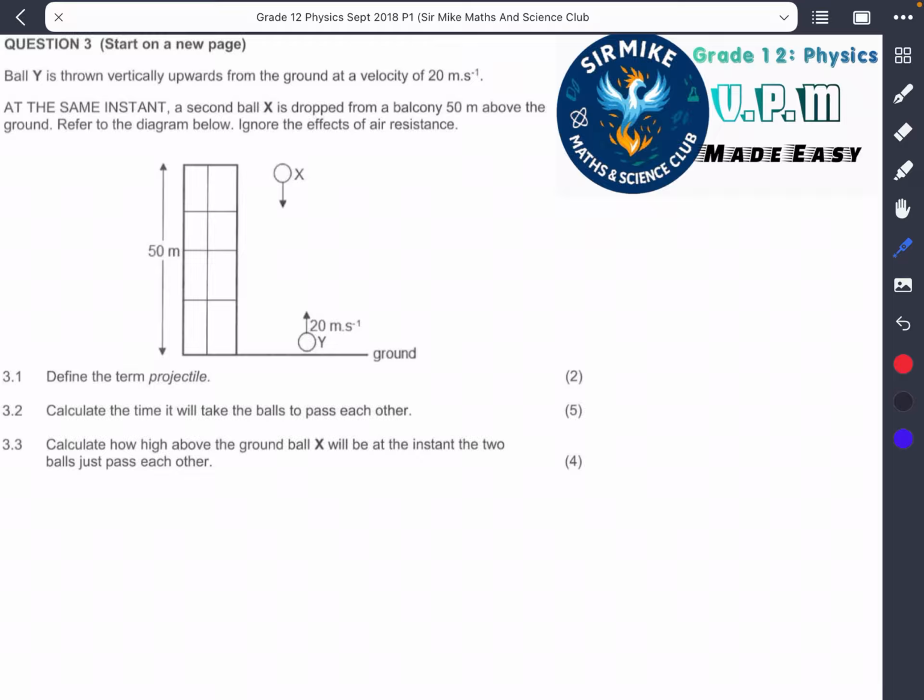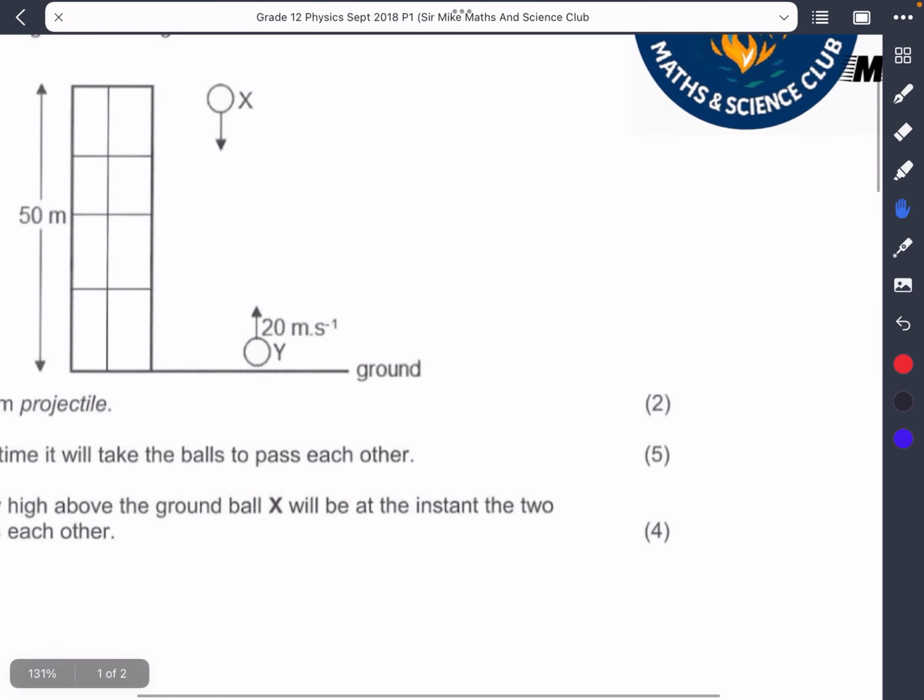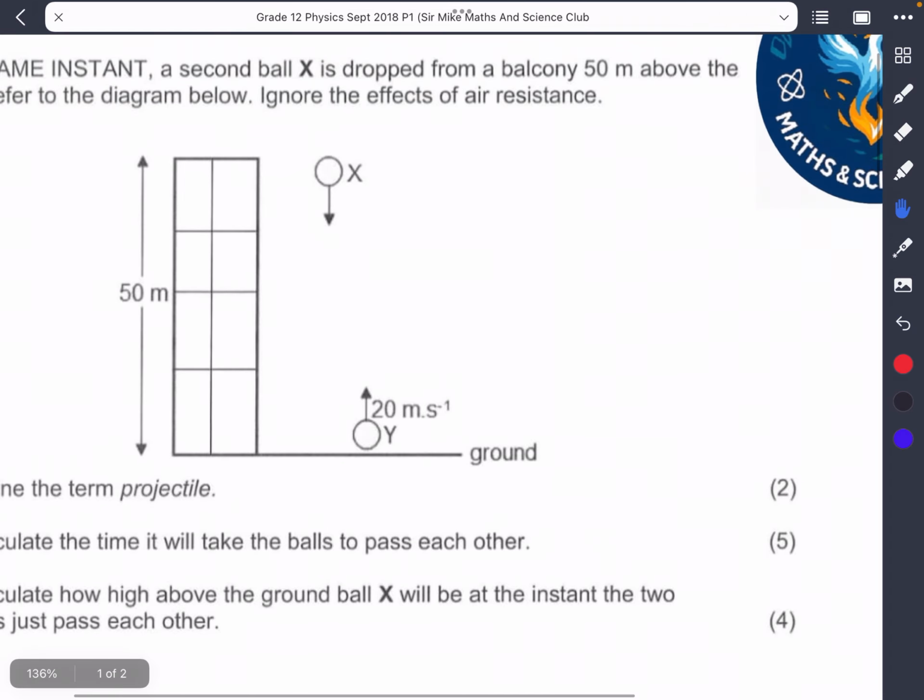For 3.2, they said calculate the time it will take the balls to pass each other. One thing you must be careful about, and it will not change in these questions, is that ball X was dropped from a certain height.